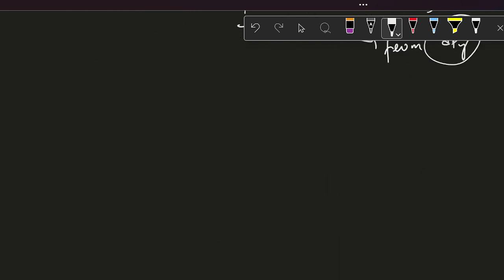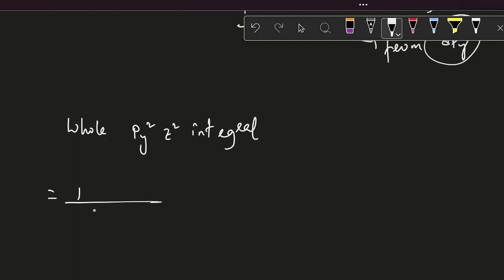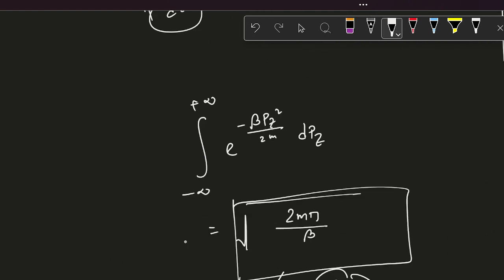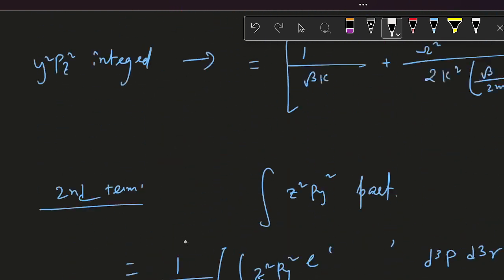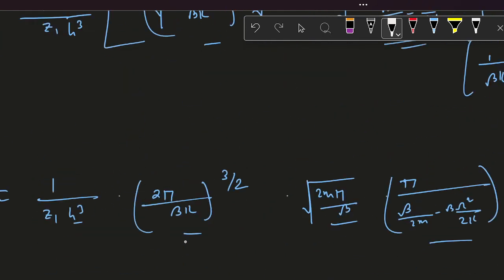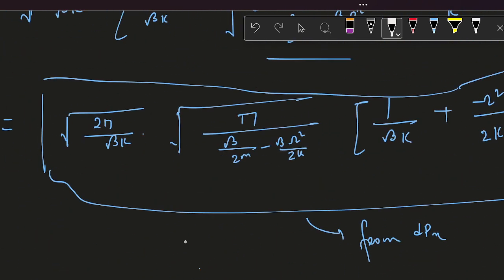Then your whole py squared z squared integral becomes 1 by z1 into, you have to collect the separate terms.